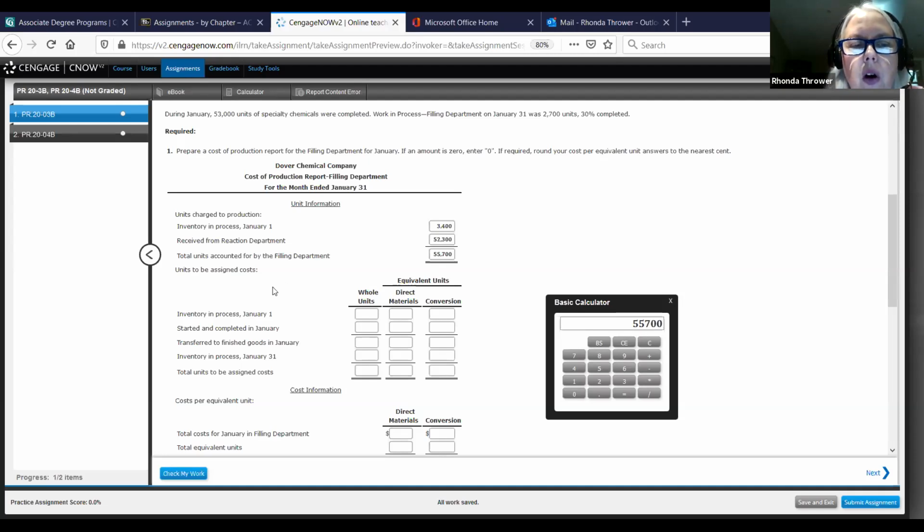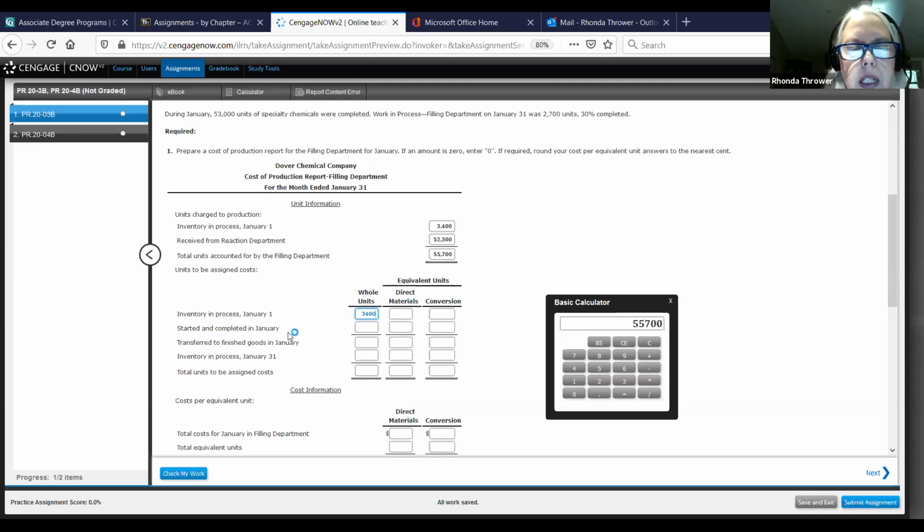So we're going to start with our inventory in process at January 1st. Our whole units were 3,400 units. We just copy that down into that block there. 3,400 units was our whole units that were in beginning inventory.